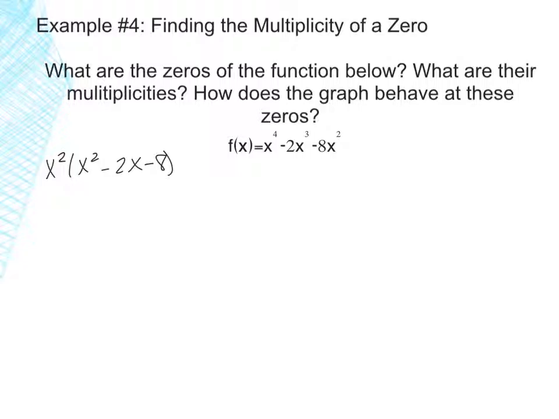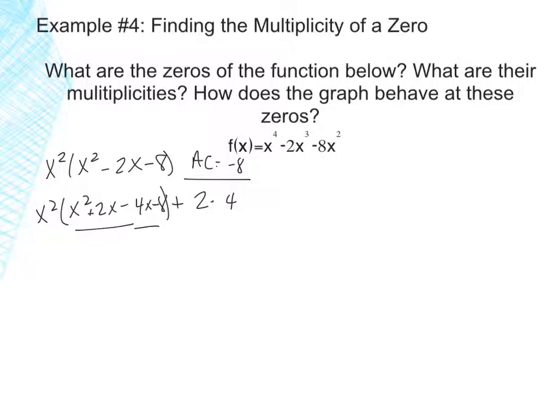If we do AC from there, AC is going to give us negative 8. And if I factor from there, the ones that are going to give me negative 2 are 2 and 4, specifically positive 2 and negative 4. So that's x squared, and then x squared plus 2x minus 4x minus 8.